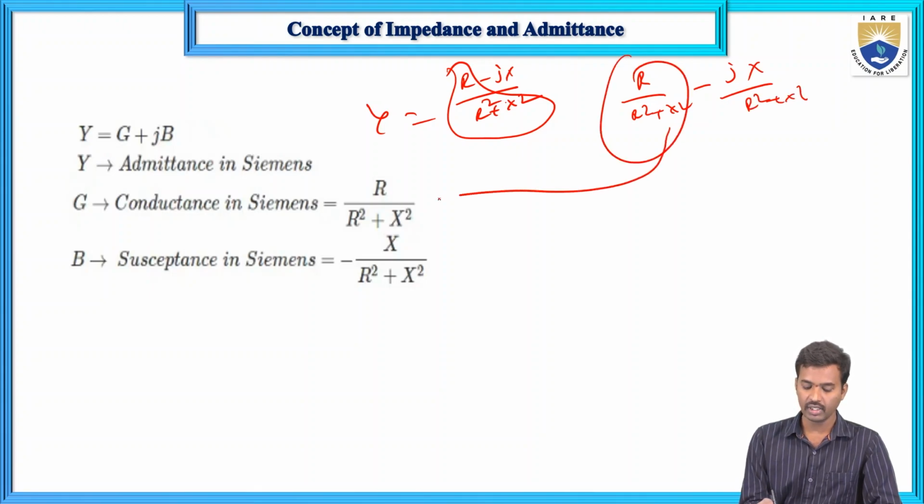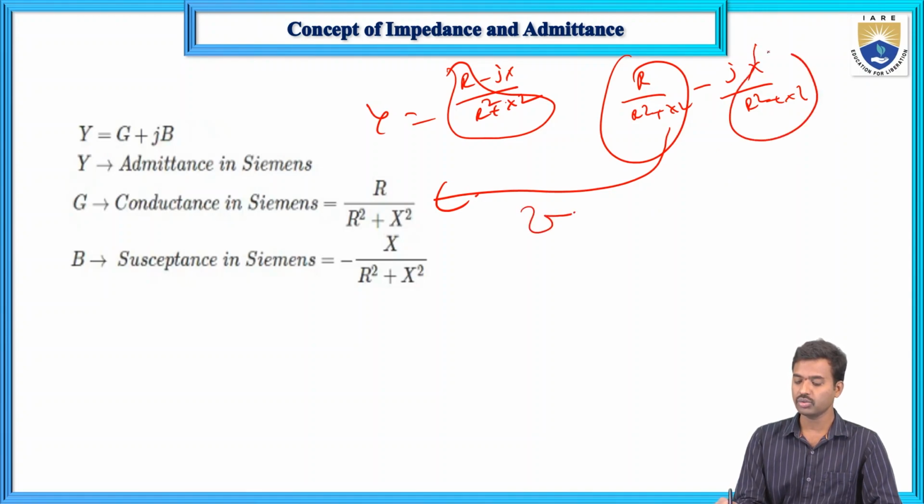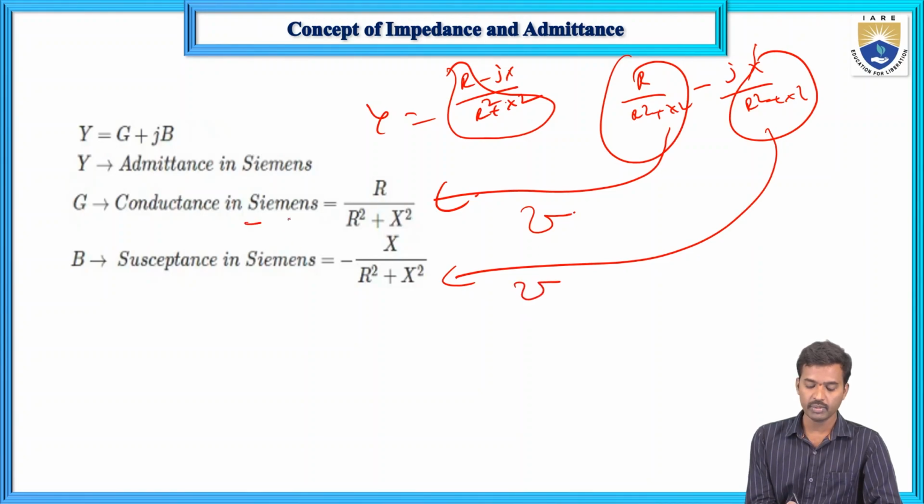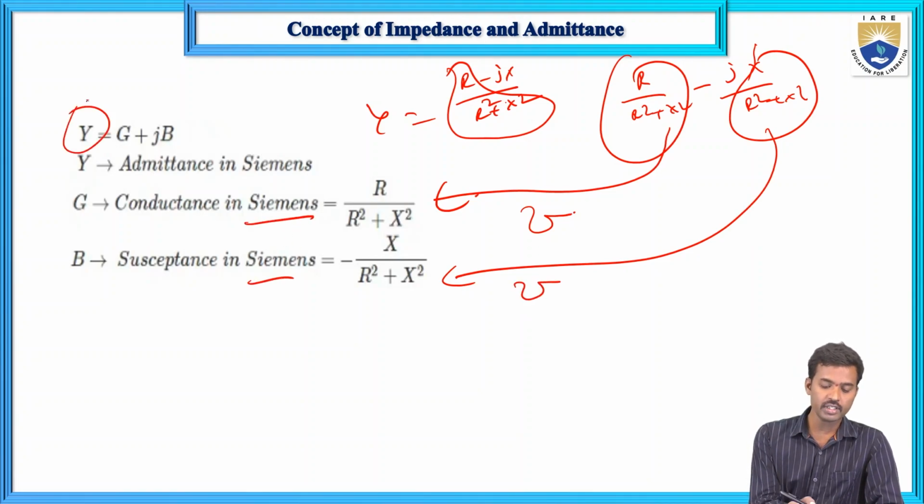The first term is known as the conductance, and the second is known as the susceptance. The units are mhos, that means Siemens, and admittance units are also mhos.